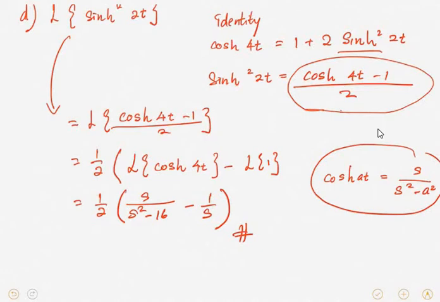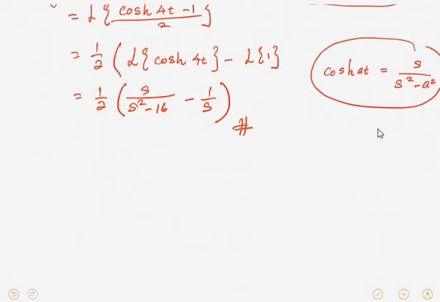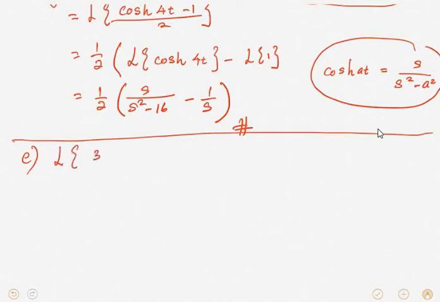Now we look at a more complicated example, where we need to use an identity as well. Let's say we have a question like this: 3 cos 3t cos 2t. We need to use an identity again.